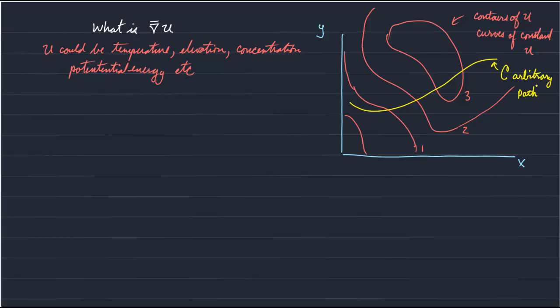This curve C can be described mathematically as a function x as it varies with parameter s, and I'll tell you what s is in a second, y as it varies with s, and if we had a z component to the curve, it would be how z varies with s.